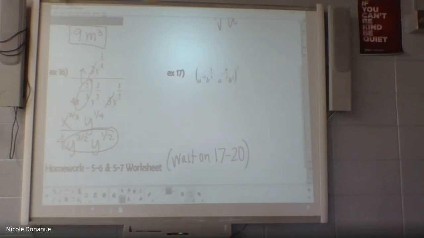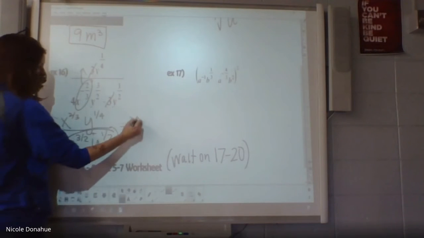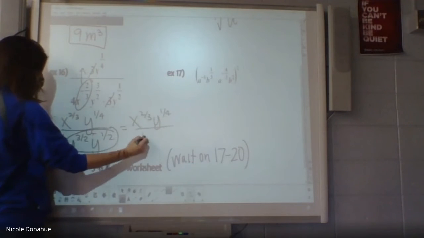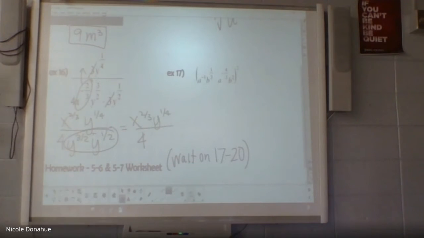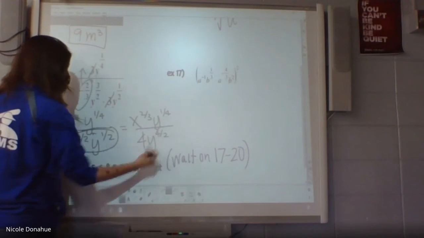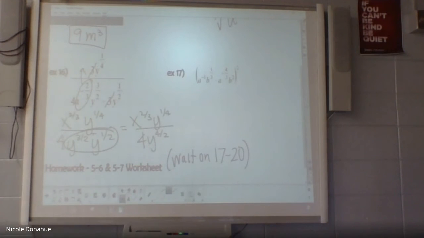Y to the second, because if you add the exponents, you're adding 3/2 and a half. So 3 plus 1 is 4, 4/2, which is just 2. The other 3's we canceled, they're the same on the top and the bottom.